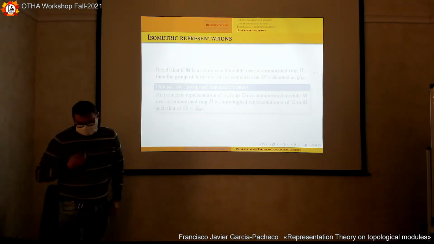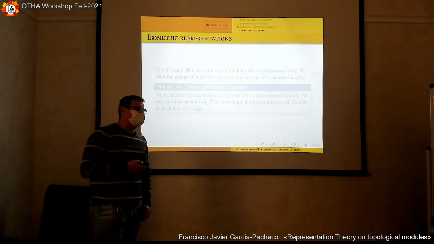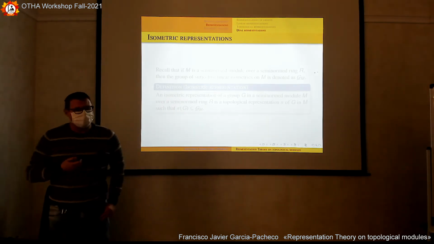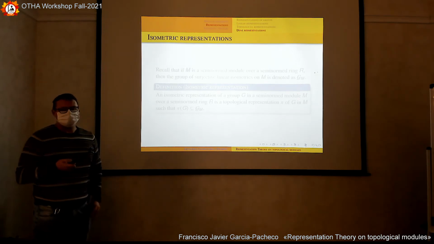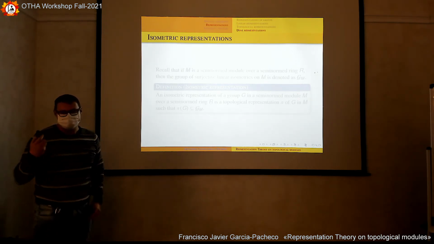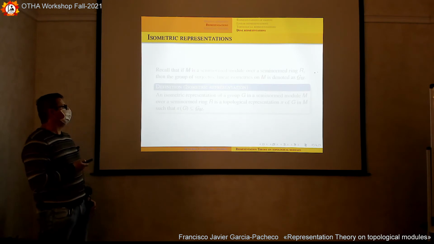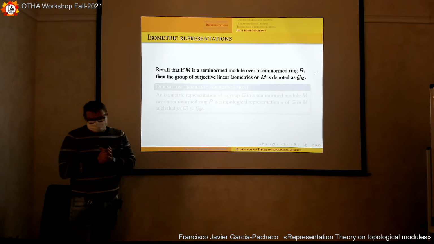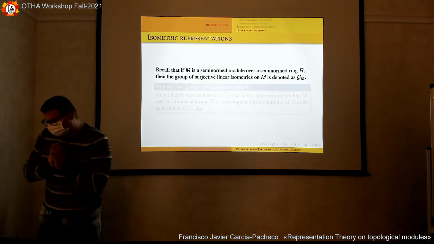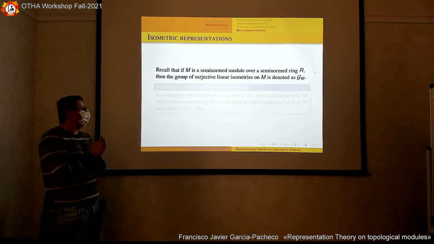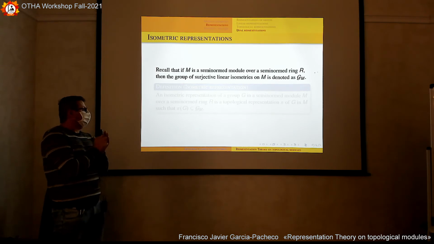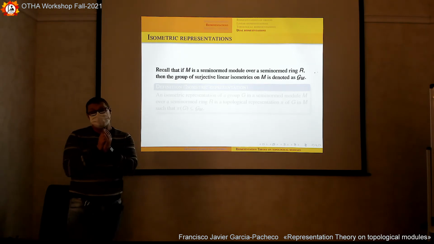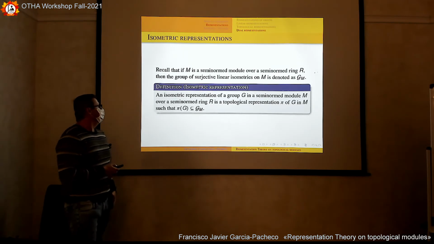And then we have isometric representations, but in topological modules, operator norms don't work the same way as in the real or complex case. So you need to ask the seminorm ring for certain properties in order for the dual of an isometric representation to become an isometric representation.